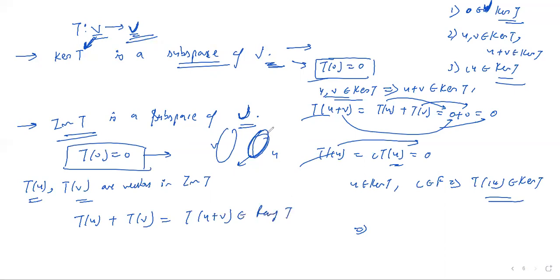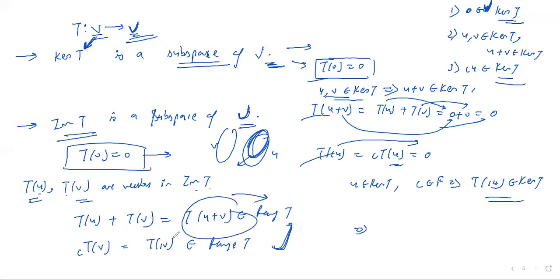Similarly, c times T(v) can be written as T of cv, which also belongs to the range of T. So from this we got that if T(u) and T(v) belong to the image of T, then the sum of these also belongs to the range of T, and the scalar multiple also belongs to the range of T. So it also forms a subspace of U.